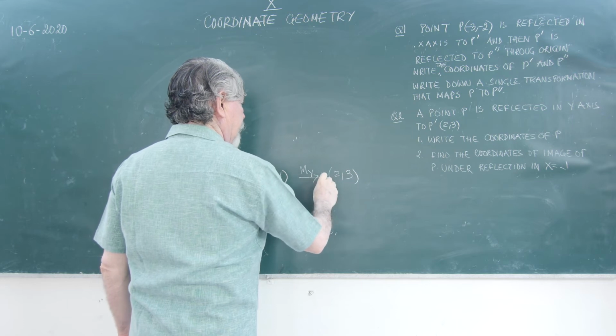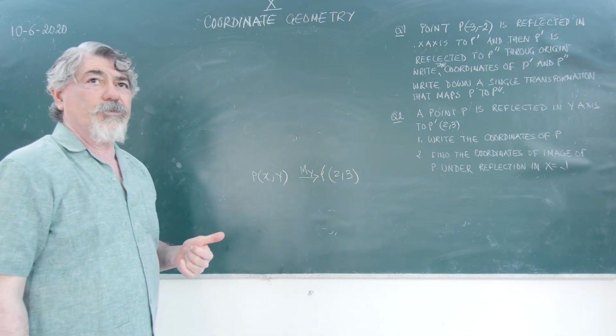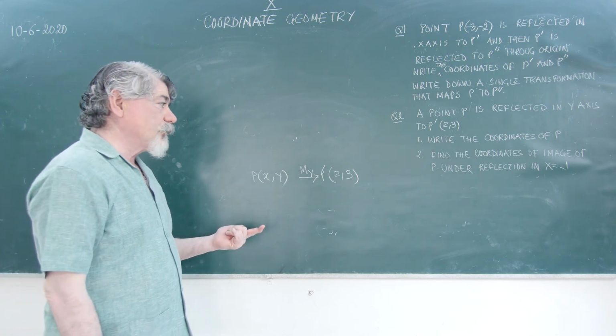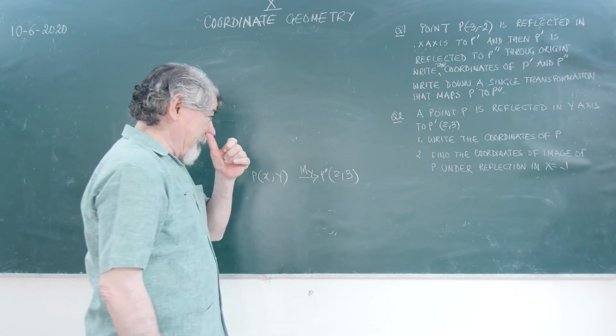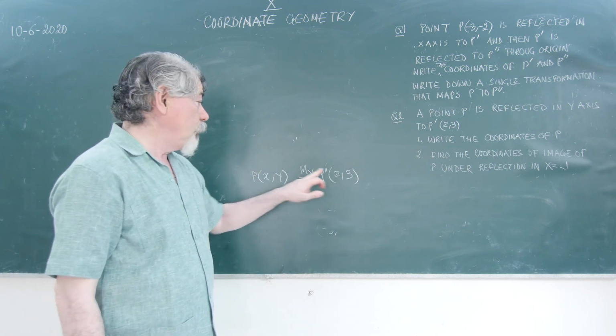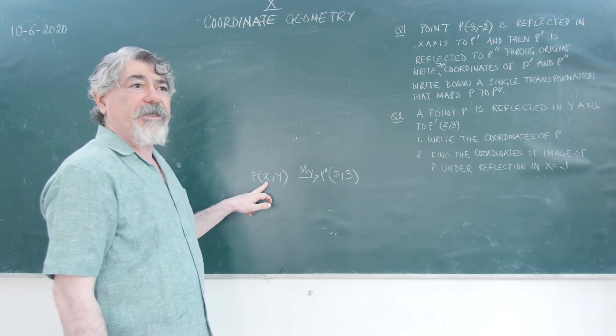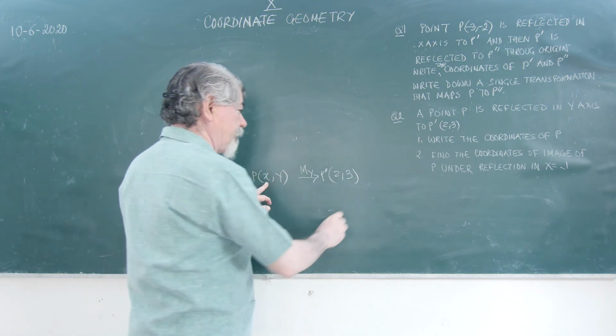I am getting P dash as (2, 3). When I reflect a point in y-axis, what happens? The sign of the x-coordinate changes. The y-coordinate remains the same. That means x here is 2, then x should have been minus 2. I'll show you otherwise also.